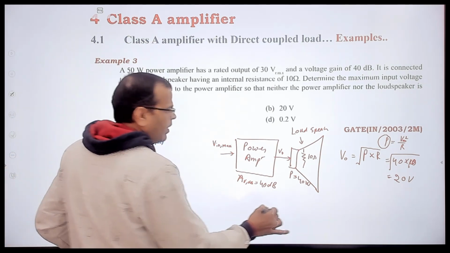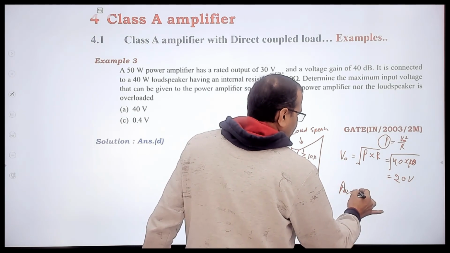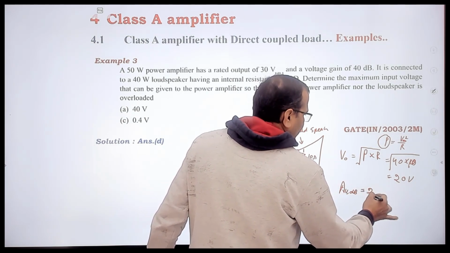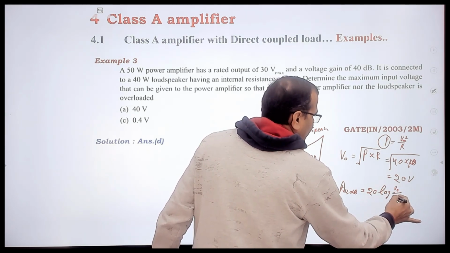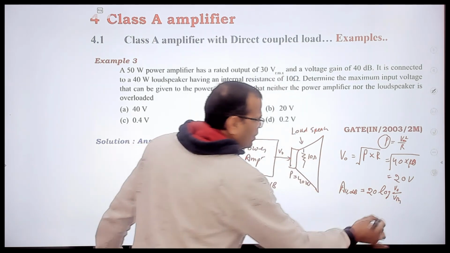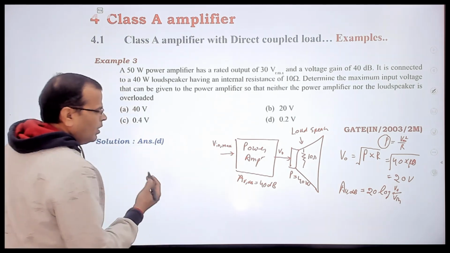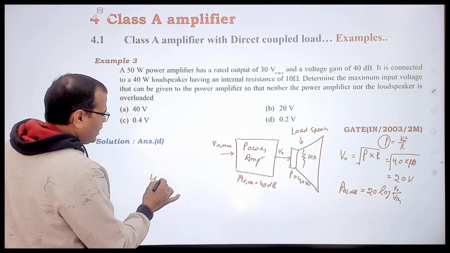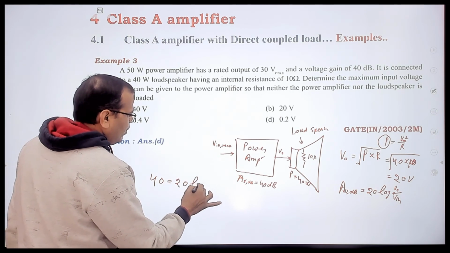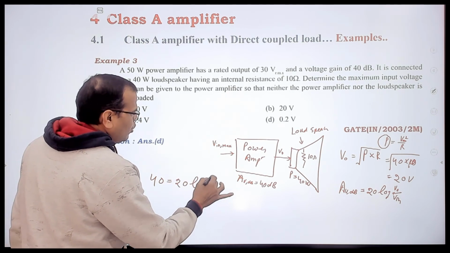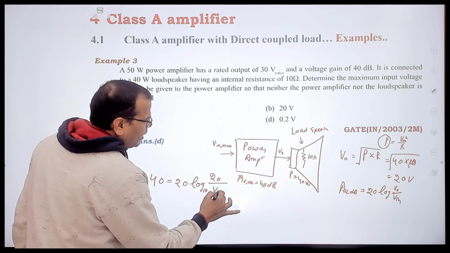Now the gain of the amplifier is given by what? Voltage gain of amplifier in dB is equal to 20 log of output voltage by input voltage. That is nothing but that is the input voltage, right? So here you know the voltage gain is 40 given to you, 20 log base 10, the output voltage is given, you have calculated 20, the input voltage I have to calculate.